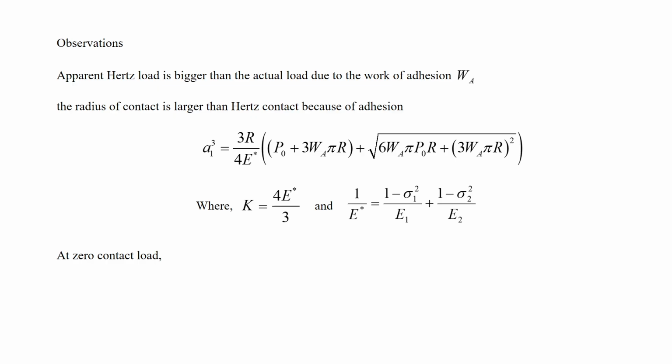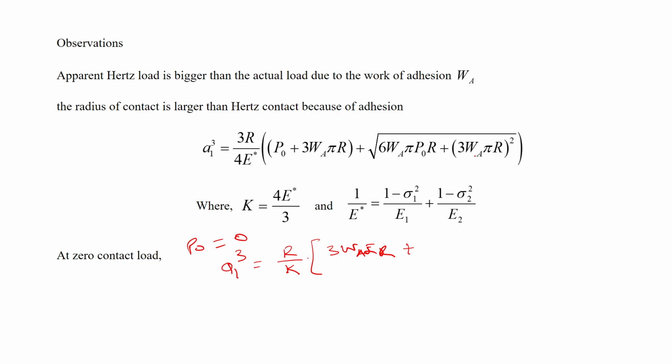So, here for K, K will be written as 4E star by 3 and we can replace it. So, let us say that what happens at zero contact load. So, at zero contact load, that means p0 is equal to 0 here, let us say, right. So, if p0 is equal to 0, then a1 cube will be equal to R, 4E star by 3 is K. So, it is K here, and then it is 3 W_A pi R and this is 0 here.